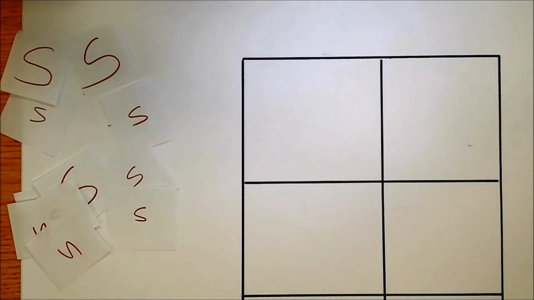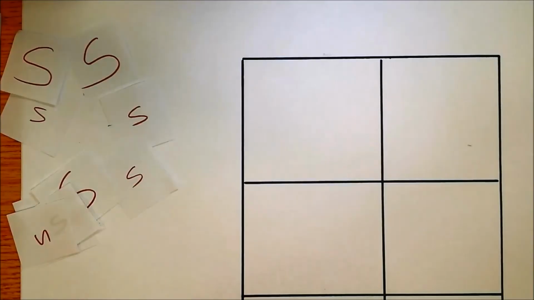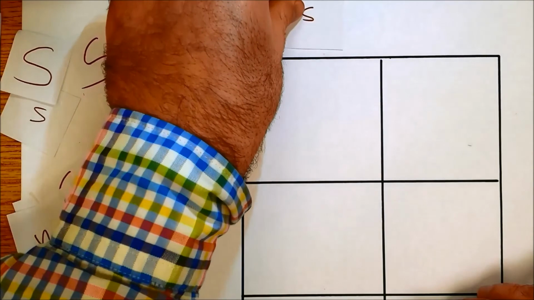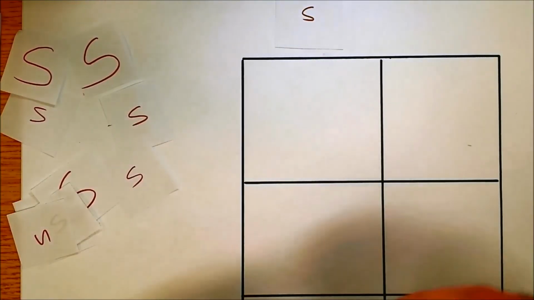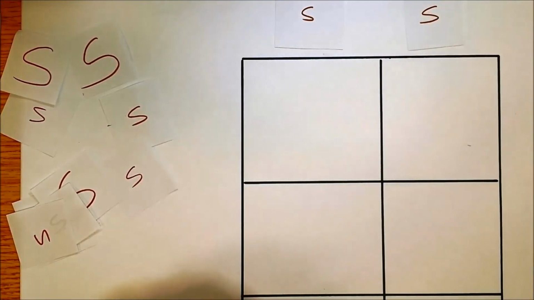Well, we know one of the parents is going to have the long-haired recessive allele. What's the only possible letter combination that'll give us the recessive long-haired? 2 little letters. In my case, 2 little s's. Doesn't matter which parent you assign them to. They weren't really specific about male and female, so I'm just going to randomly assign it to the father. Makes no difference to them, makes no difference to me.